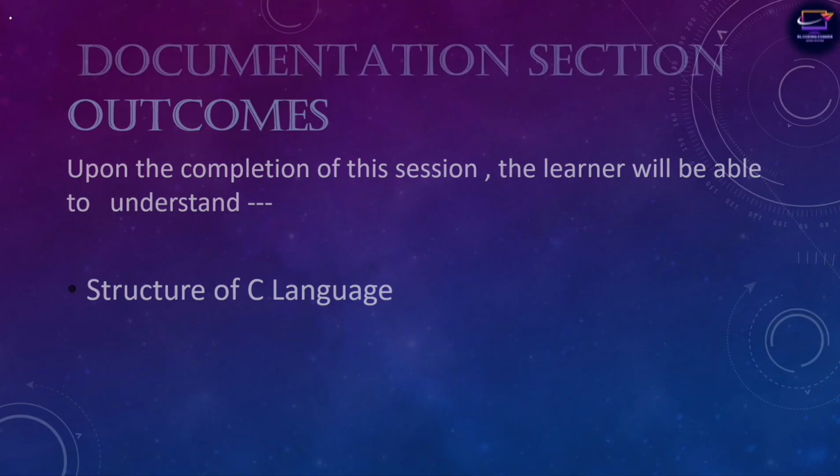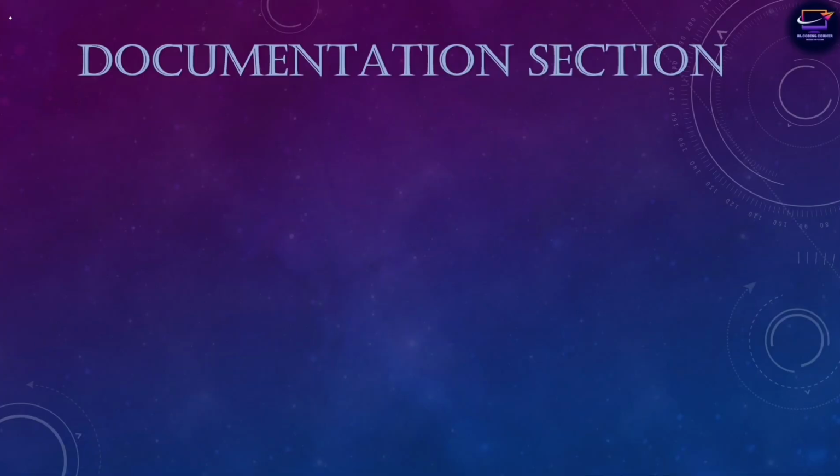Okay. So the very first is your documentation section, or you can say the comment section. Here, you include information like the author who has developed the program, the date and time of development, and a brief description of that program. Let's take an example: I want to write a program for addition of two numbers.